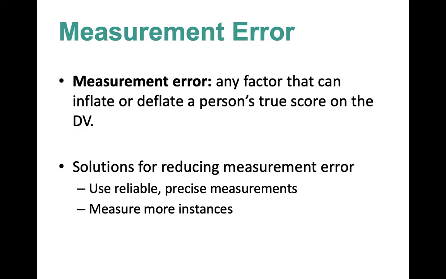So of course the goal is to keep measurement error as small as possible, and so a couple of solutions for reducing measurement error. The first would be to use reliable, precise measurements. Research measurement errors are going to be reduced when a researcher uses a measurement tool that is reliable. Okay, so we've talked about reliability as referring to having good inter-rater agreement, for example.